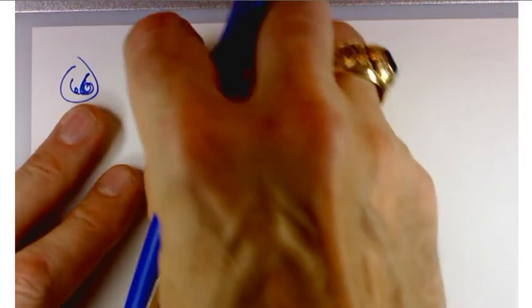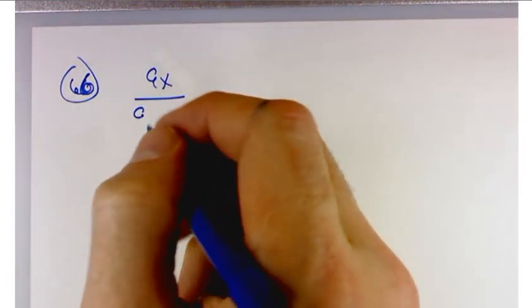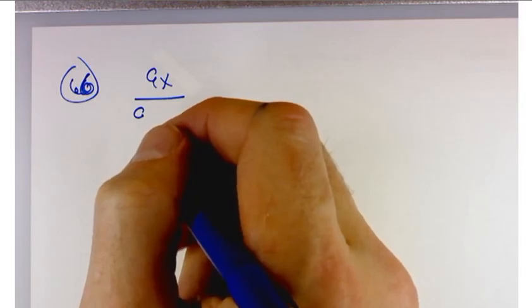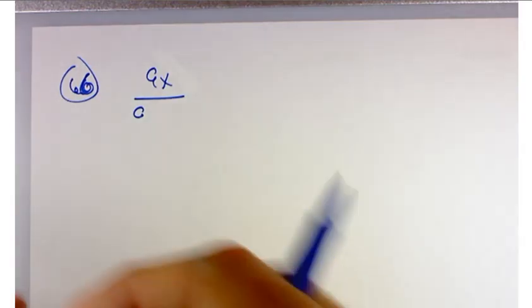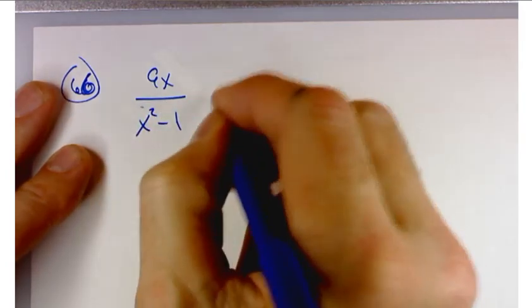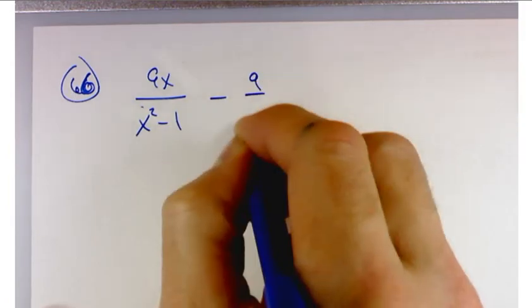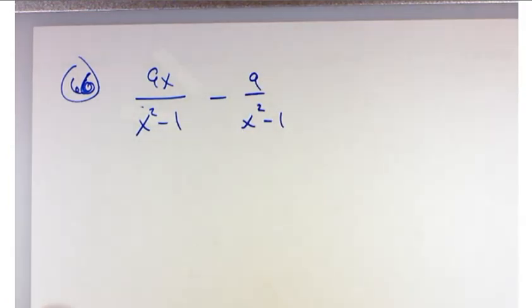So a little Photoshop, there we go. 9x over x squared minus 9, more Photoshop, minus 1. Minus 9 over x squared minus 1.